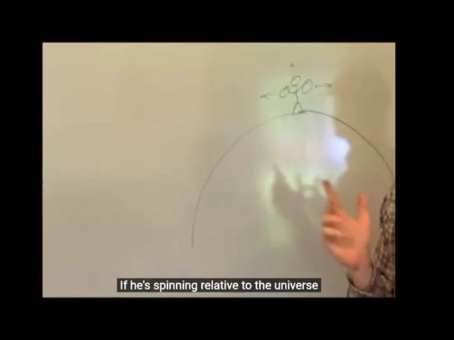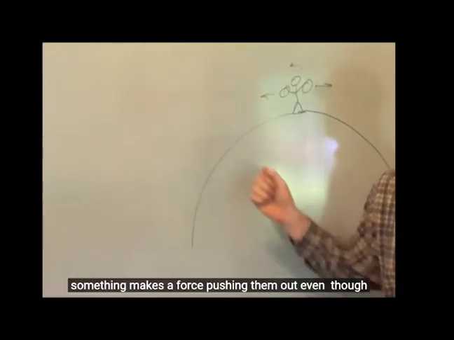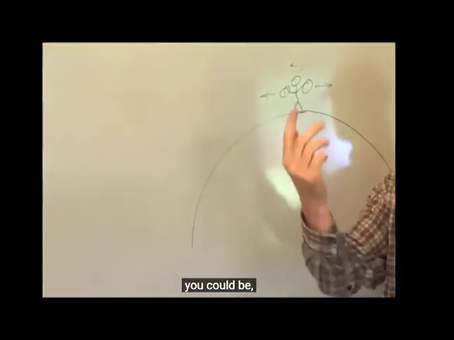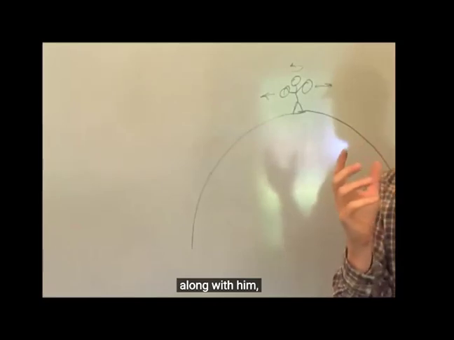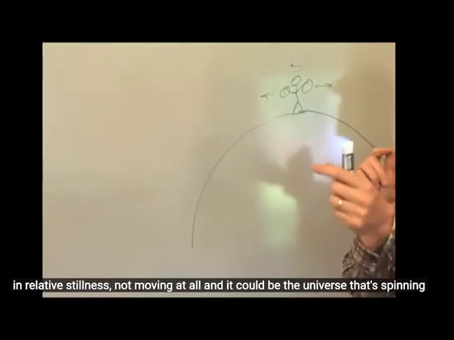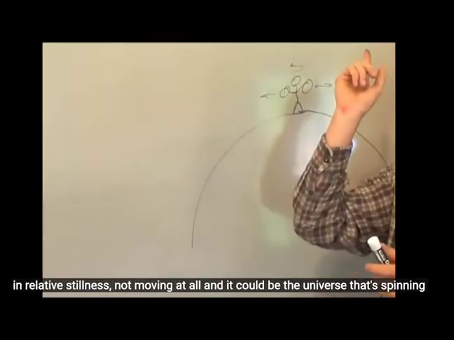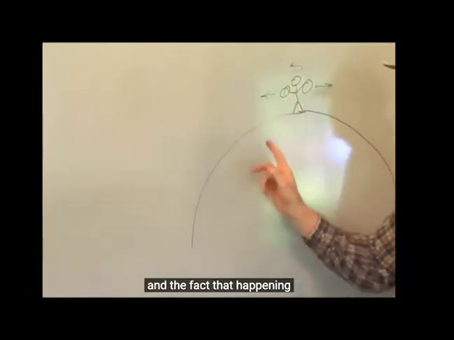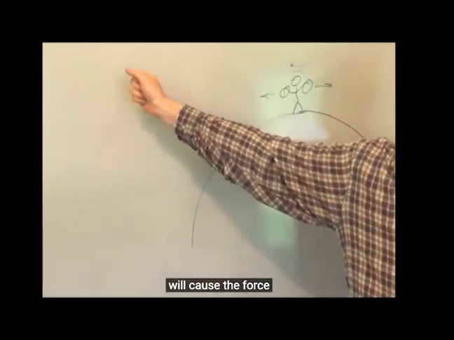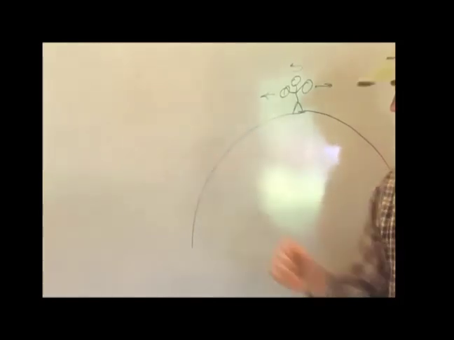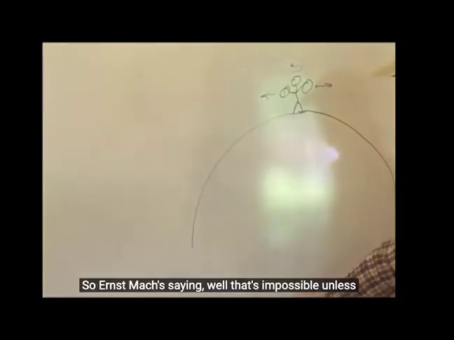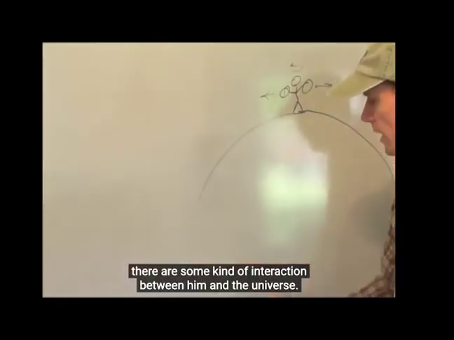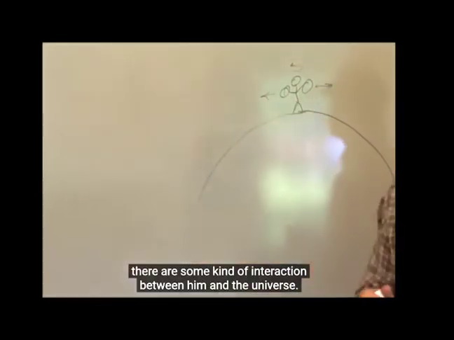If he's spinning relative to the universe, something makes a force pushing him out, even though you could be, along with him, in relative stillness, not moving at all. It could be the universe is spinning, and the fact that that's happening will cause the force to go out. So Ernst Mach is saying that's impossible unless there's some kind of interaction between him and the universe.